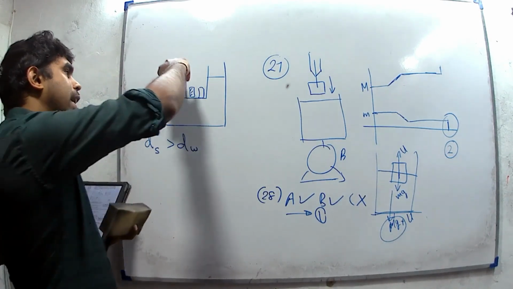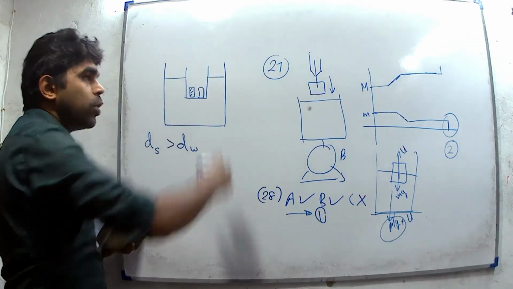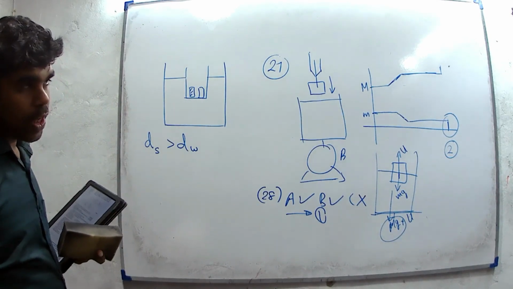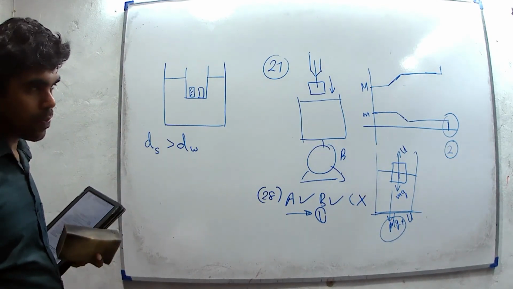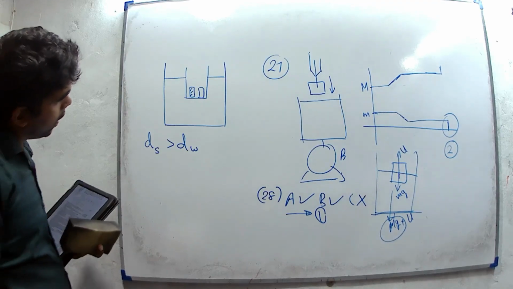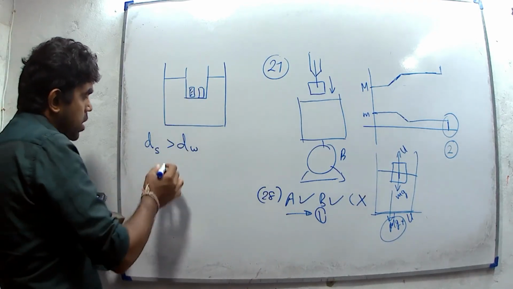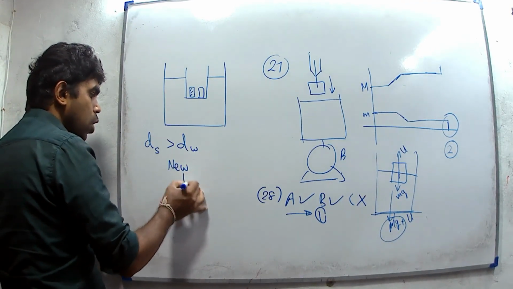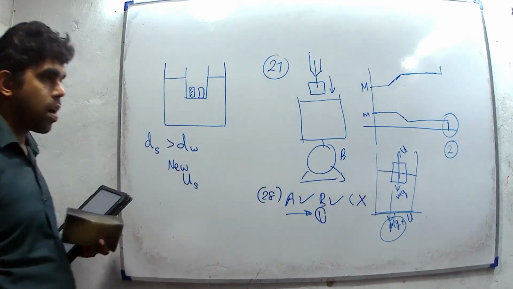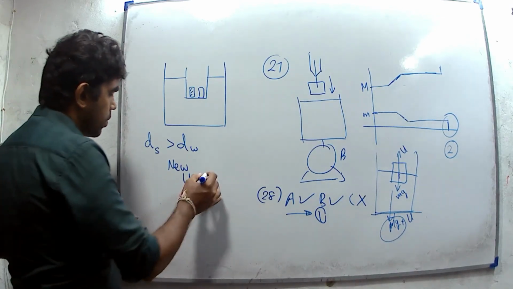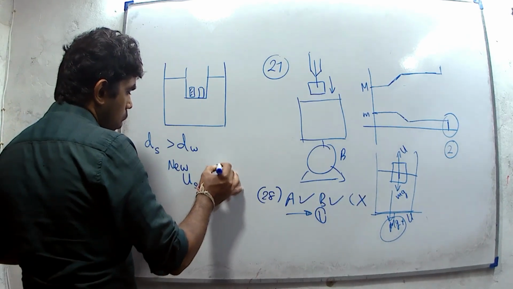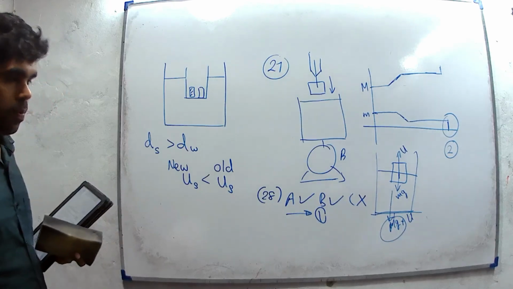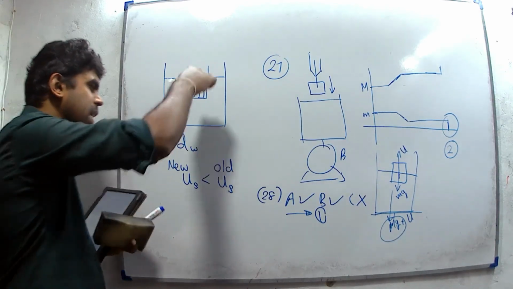Therefore, when we take the stone and put it on the water surface, it will fully immerse in water, and the new upthrust on the stone should be less than the old upthrust on the stone, because the stone will immerse in water.